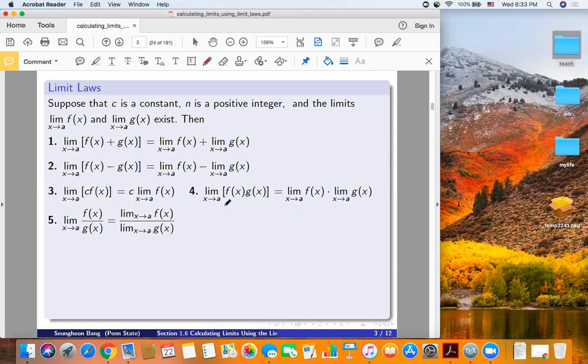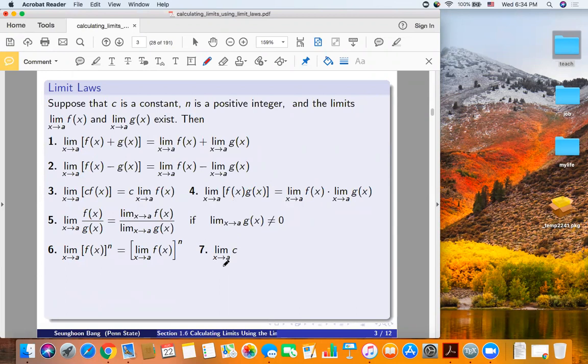You can distribute the limit to the top one and bottom one, so we have the limit of f of x over the limit of g of x, if the limit of g of x as x approaches a is not equal to 0. If the bottom one equals 0, you cannot distribute the limit. The limit of f of x to the power n: in this case, the limit goes inside, so it is the limit of f of x as x approaches a, to the power n.